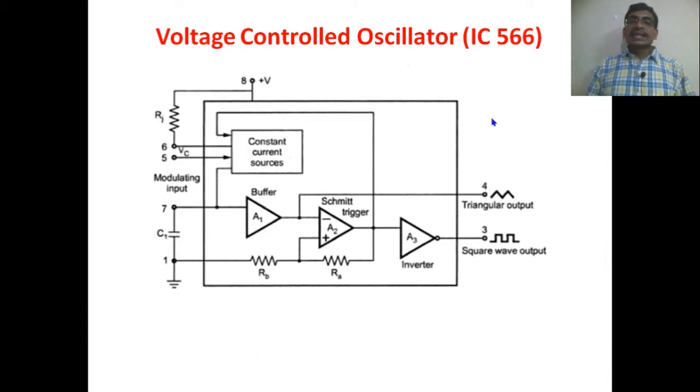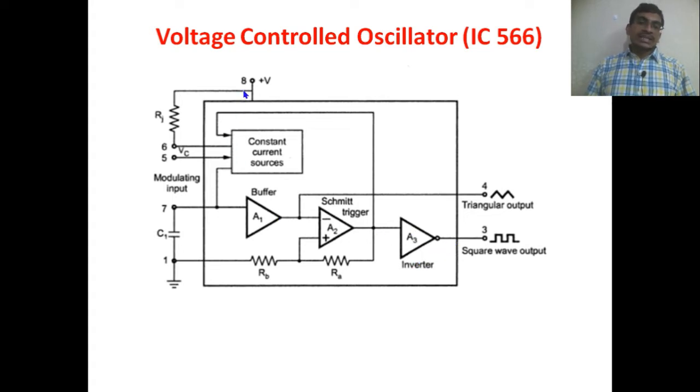This is the internal block diagram of the voltage controlled oscillator IC566. It has one constant current source, one buffer, one Schmitt trigger, and one inverting amplifier.